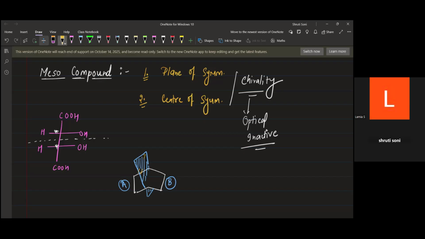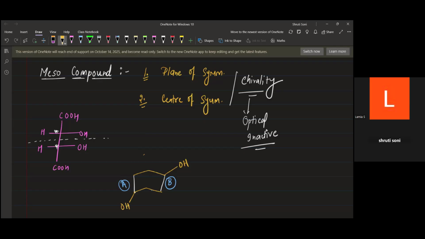Now the next term, the center of symmetry. How do we see the center of symmetry? Let's suppose I have the same organic compound with one OH in this direction and another OH in this direction. Do you see any center of symmetry here?